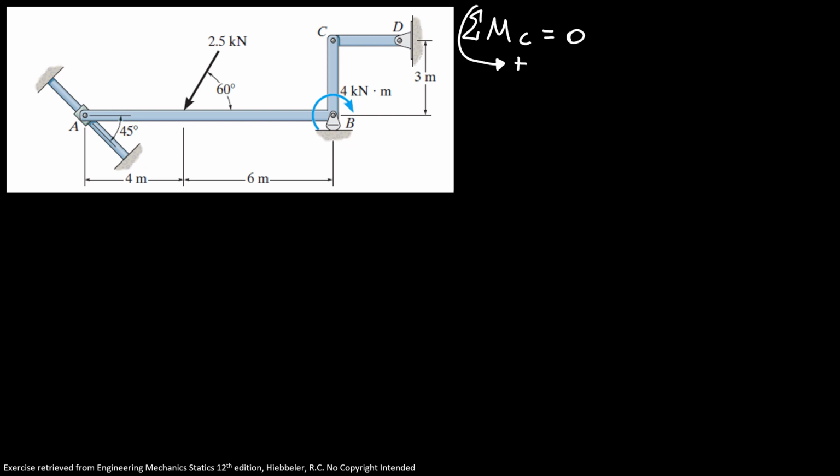So first I have this reaction here, so it's going clockwise, minus 4 kilonewton meters. The force in B is not producing a moment around C because it's aligned with my arm.